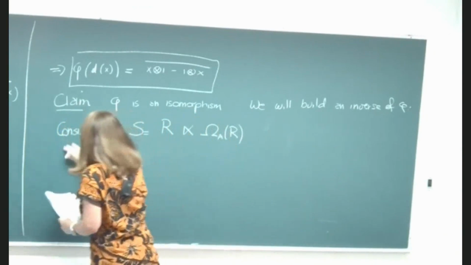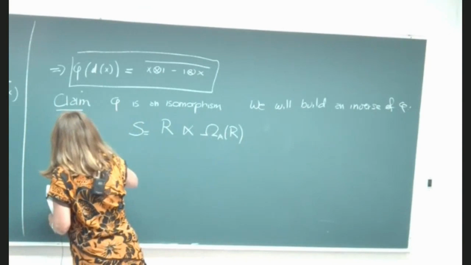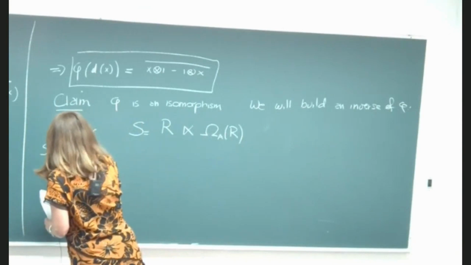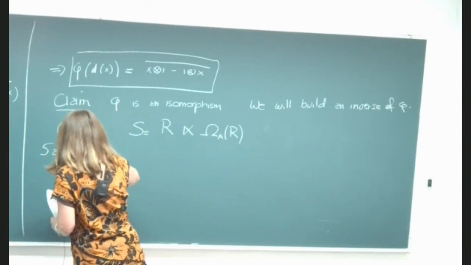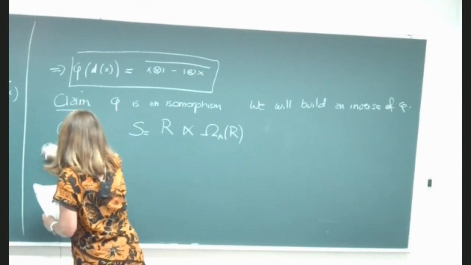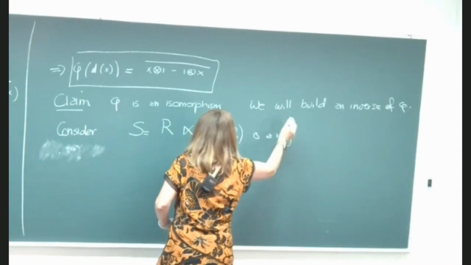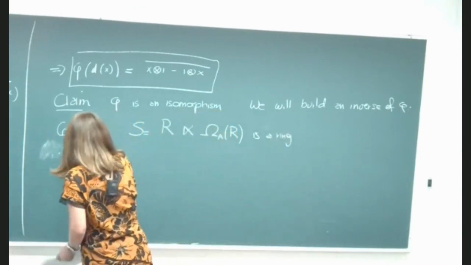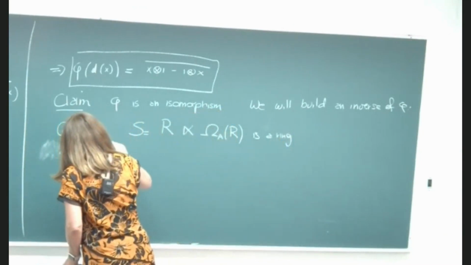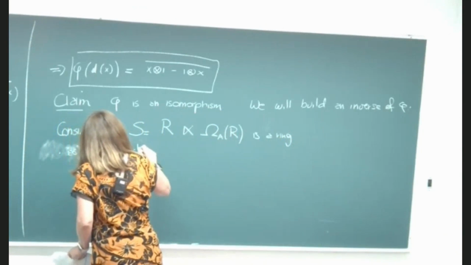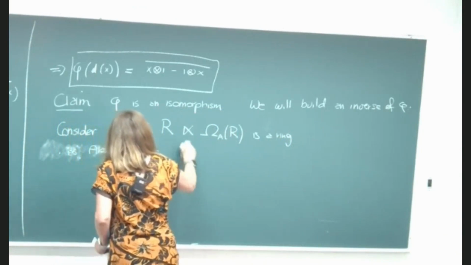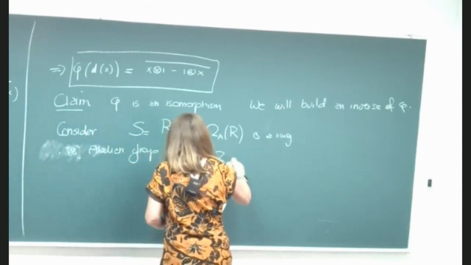So this is a ring. And how does it look? As an abelian group, it is simply R direct sum omega over A.